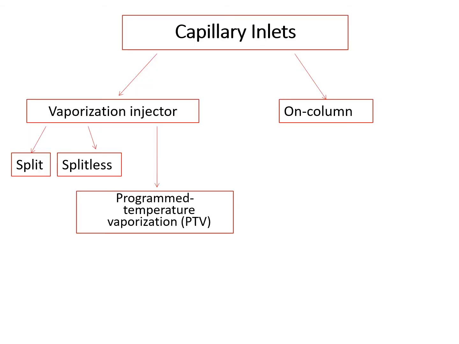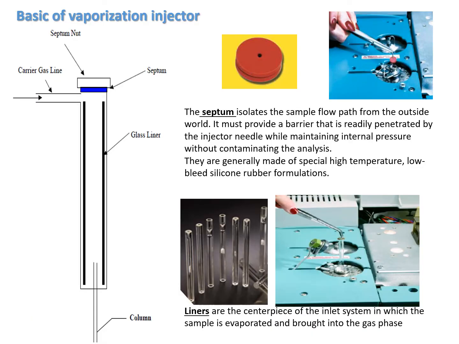Okay class, let's move on to the capillary inlets. For capillary inlets, we have the vaporization injector and on-column. The vaporization injector can be divided into splitless or programmed temperature vaporization. The diagram shows the basic vaporization injector, which consists of the septum nut, septum, gas liner, and column.